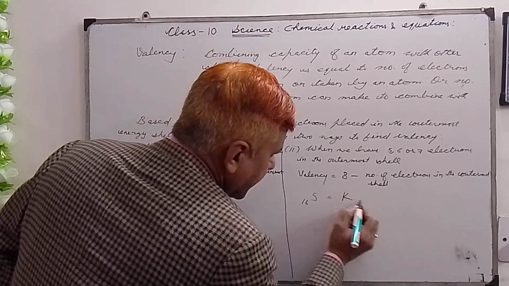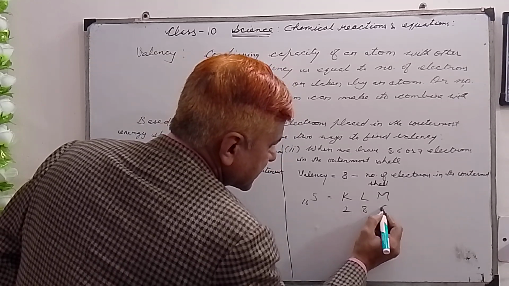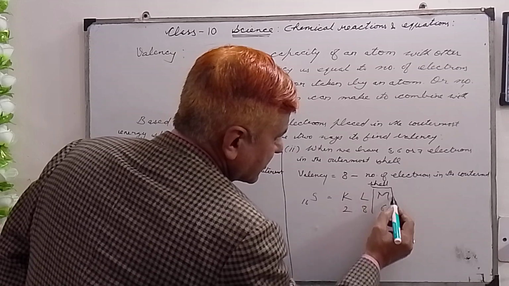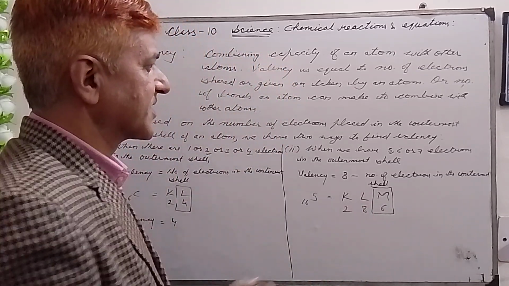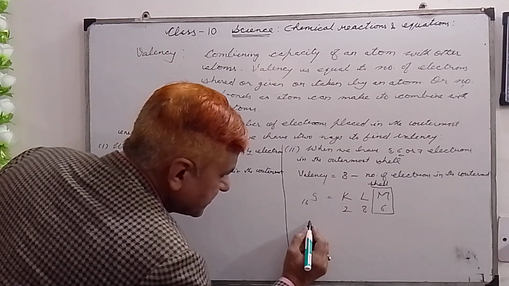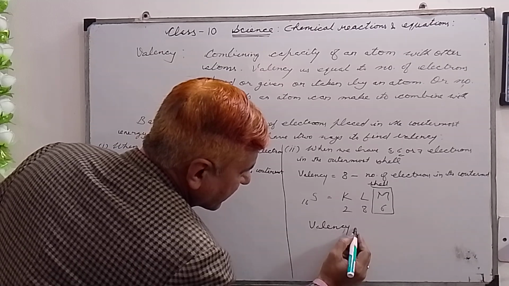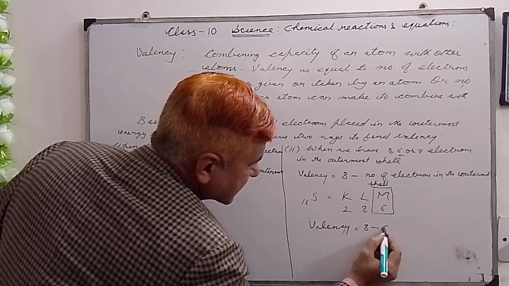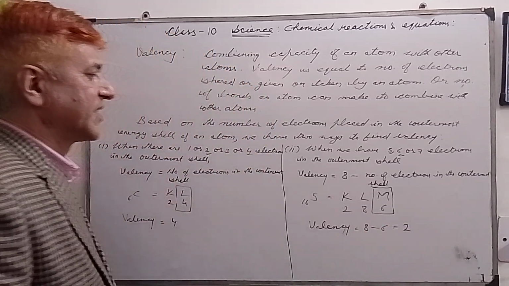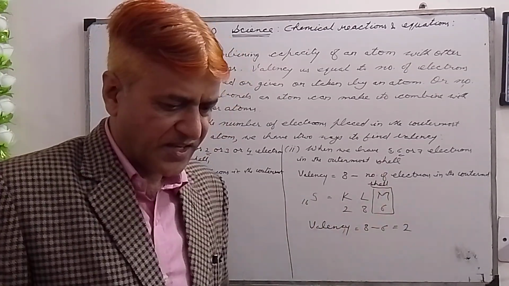So K L M is 2, 8, 6. How many electrons are there in the outermost shell? 6. So its valency is equal to 8 minus 6, which is equal to 2. So the electronic valency of the sulfur atom is 2.